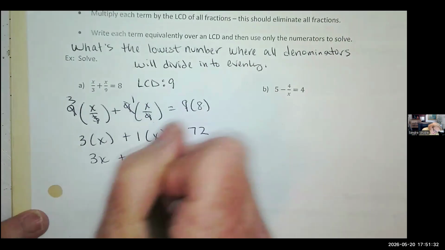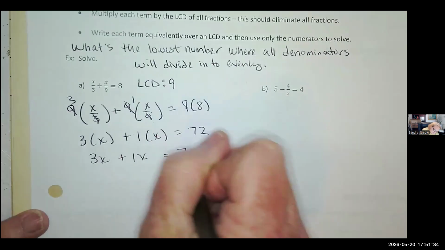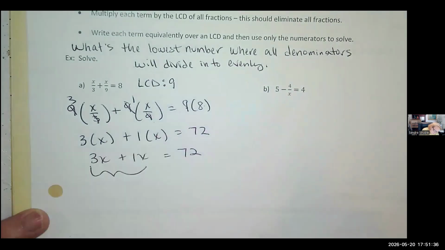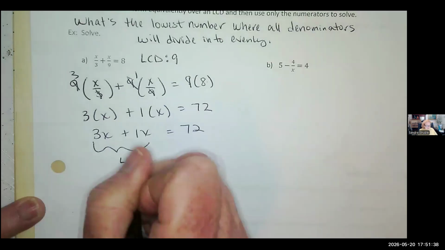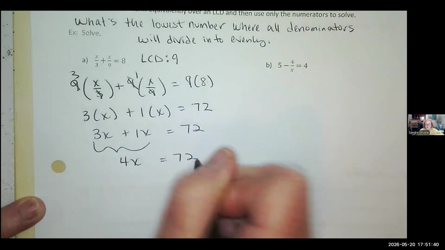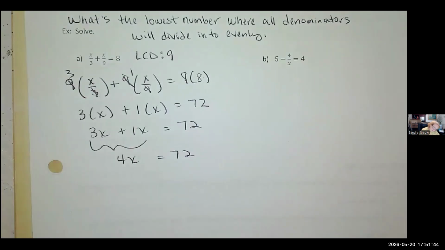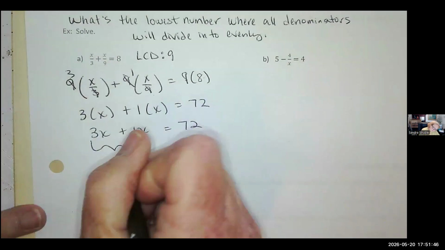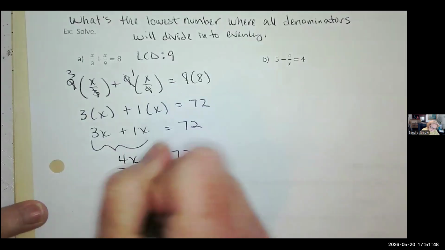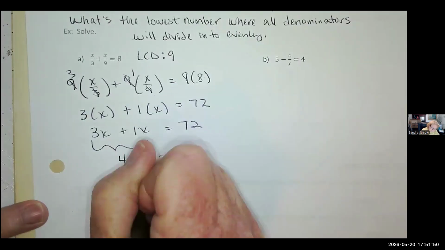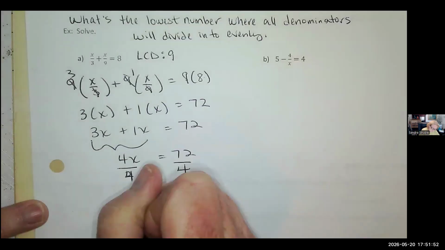Equals 72. Let's combine our like terms. 3 plus 1 is 4x equals 72. Who's attached to x and how? 4 is attached by multiplication. The opposite of multiplication is division. So we're going to divide both sides by 4. And x is equal to 18. These reduce.